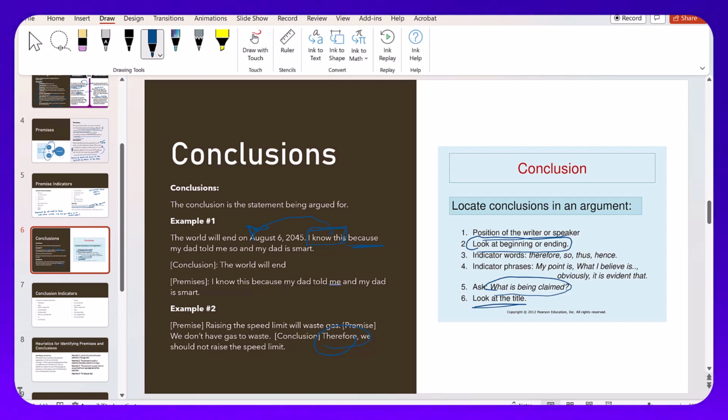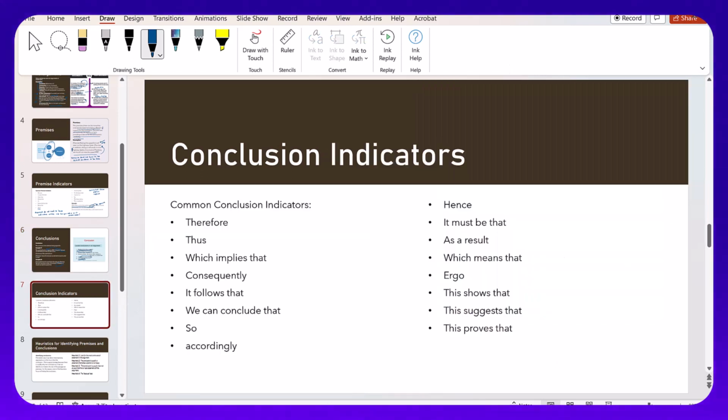Again, indicator words can be helpful with this. Therefore, thus. You see therefore, thus a lot. Hence, which implies that, consequently, it follows that, we can conclude that, so, accordingly, it must be, as a result, which means that, ergo, this shows that, this suggests that, this proves that.